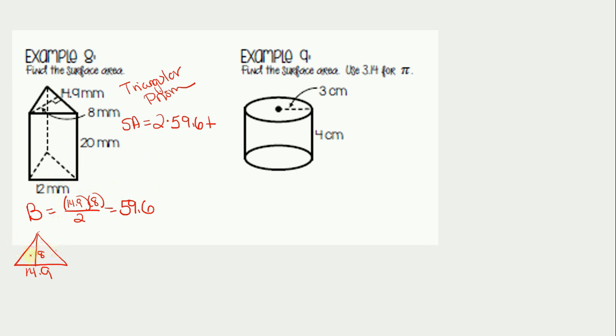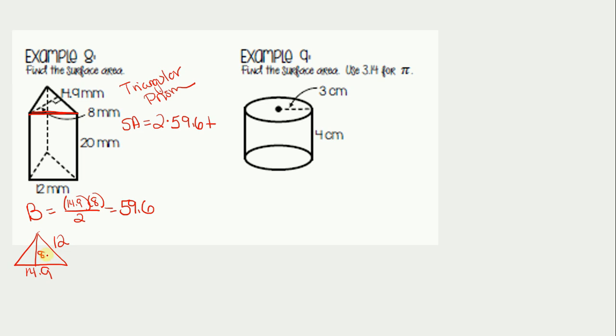So perimeter, well, it looks like this side of my triangle is 12, right? So one of the sides is 12. So it looks like this triangle does not have congruent sides.